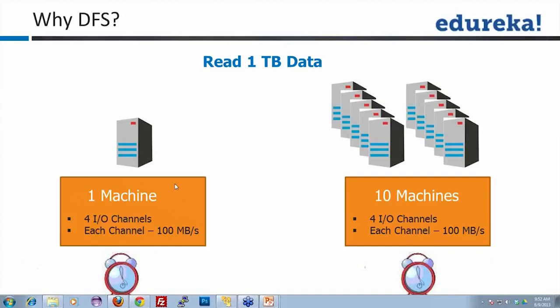So 1024 into 1024 MB, at 100 MB per second is what it is able to do. So 1 terabyte will be 1024 into 1024 MB divided by 100, also divided by 4 because there are 4 IO channels. You can do 4 reads in parallel, and then divide by 60, as Sham has rightly said and a lot of other people have said. So it approximately takes around 45 minutes to do that.